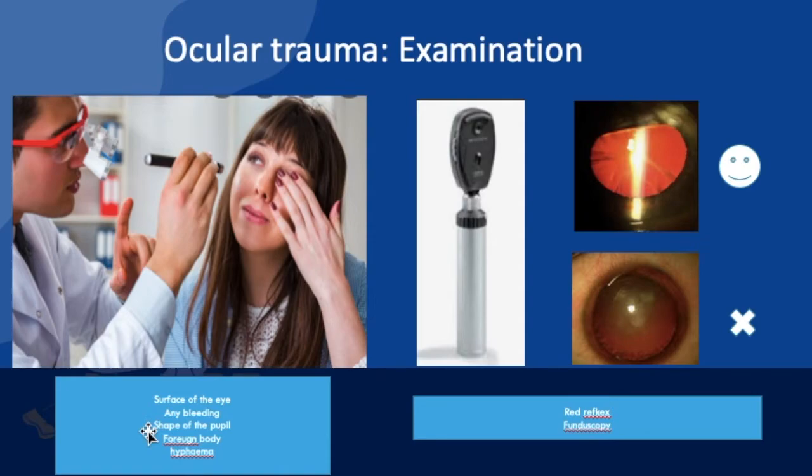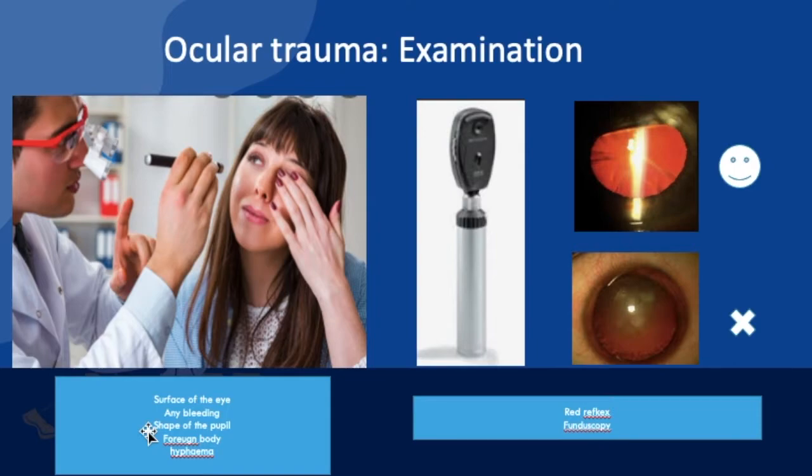If there's a subconjunctival hemorrhage, you should be able to see the end of it. Try to evaluate the age of the subconjunctival hemorrhage. Look at the shape of the pupil. It should be round. If the pupil appears abnormal in shape, then probably there is some kind of penetrating injury.